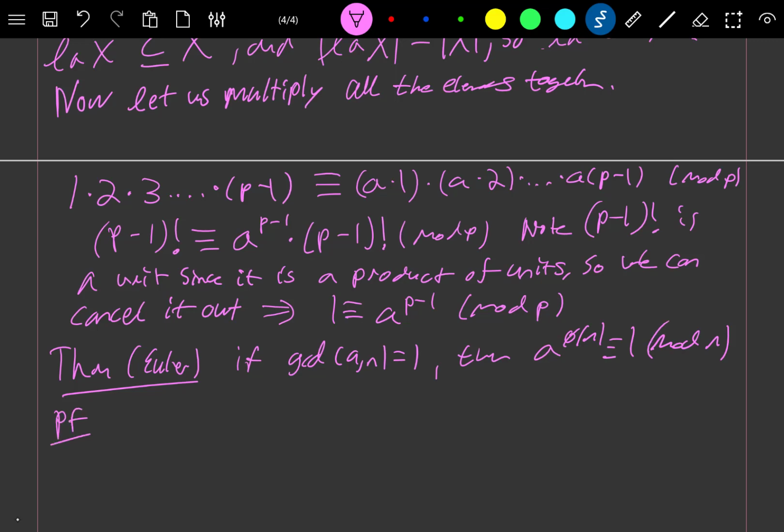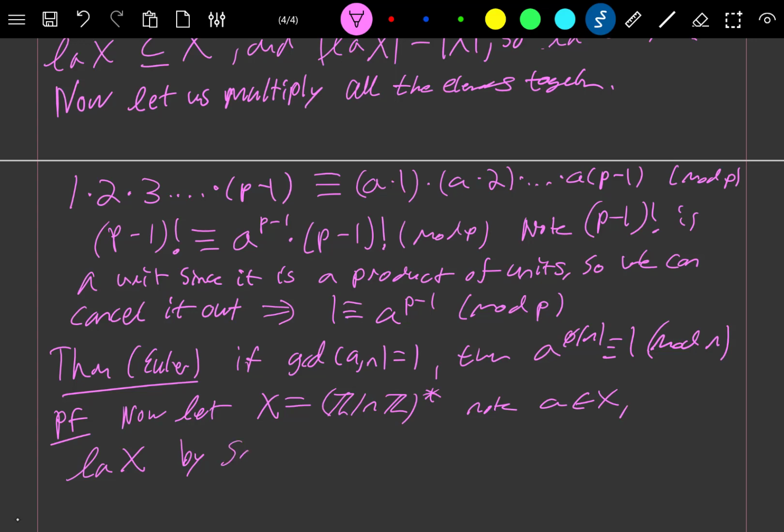And the way we can prove this is the exact same way, except now let x equal the set of units modulo n. So note a is an element of x, and consider L sub a of x by the same reasoning. L sub a of x is equal to x.